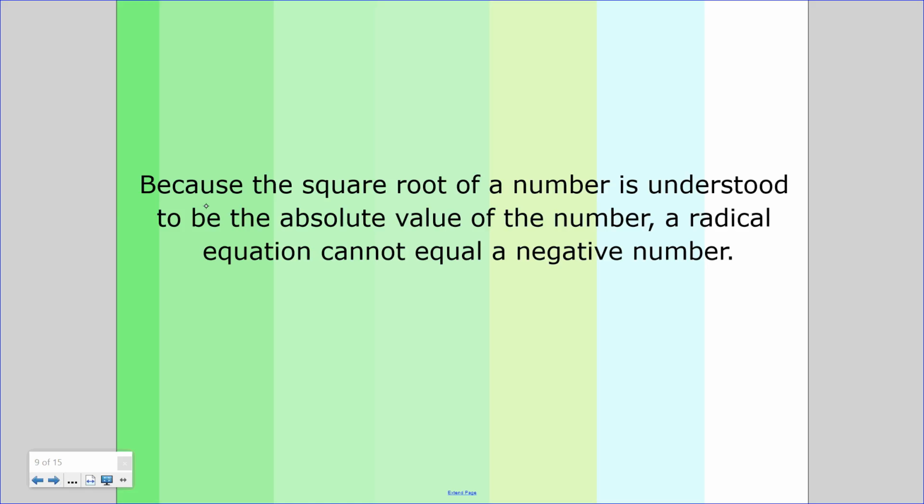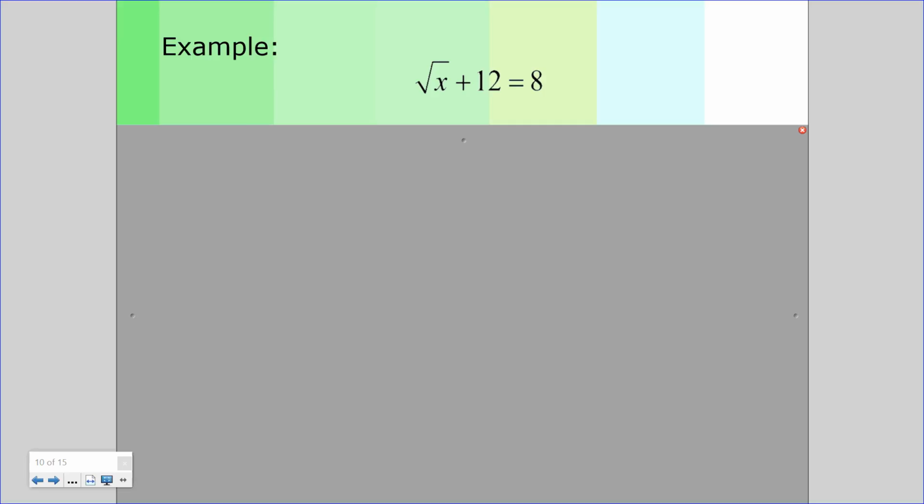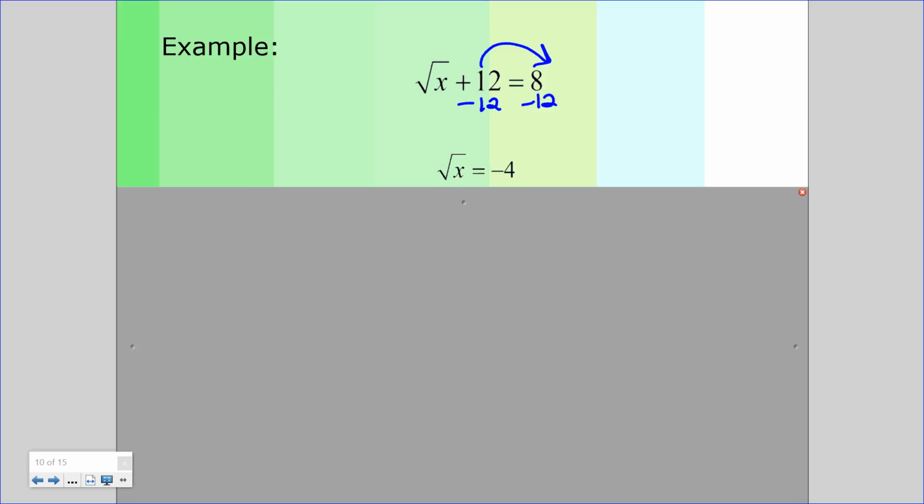All right, and because the square root of a number is understood to be the positive value of the number, a radical equation cannot equal a negative number. So let's take a look at that. So here in this problem, it looks fine from the beginning. Step 1 is to isolate the radical. So you bring your plus 12 over by undoing its operation, subtracting it from both sides.